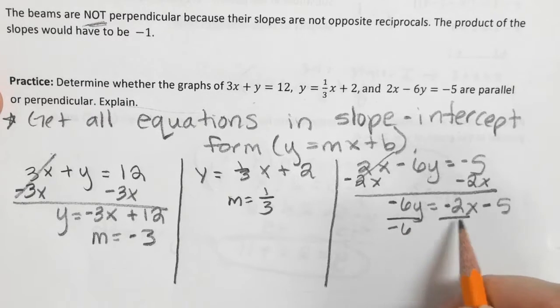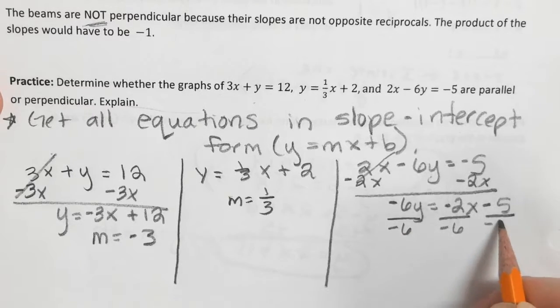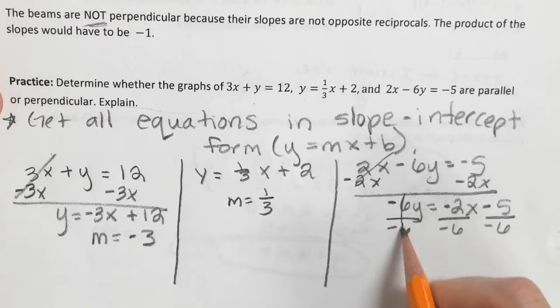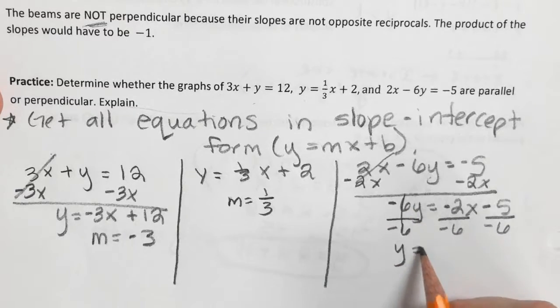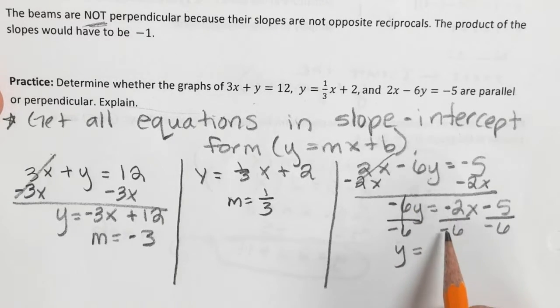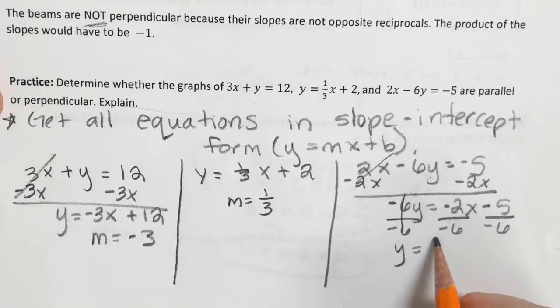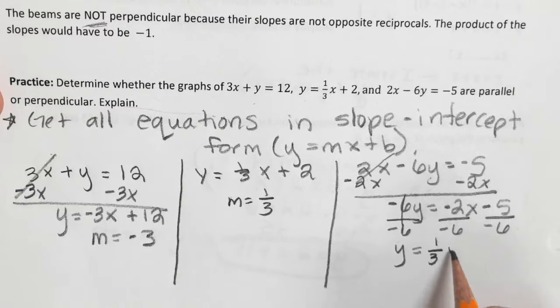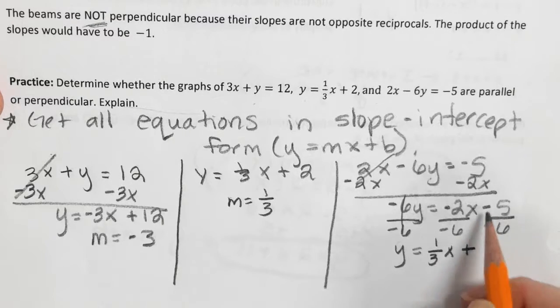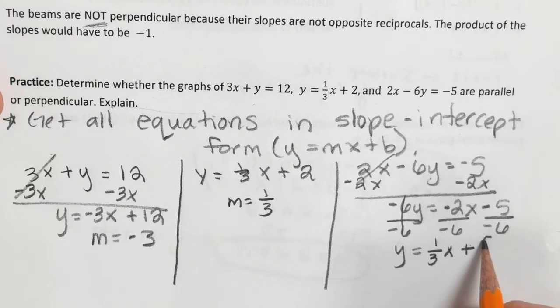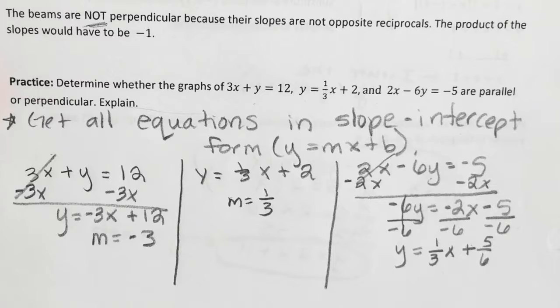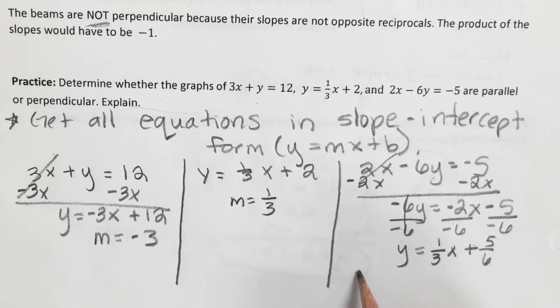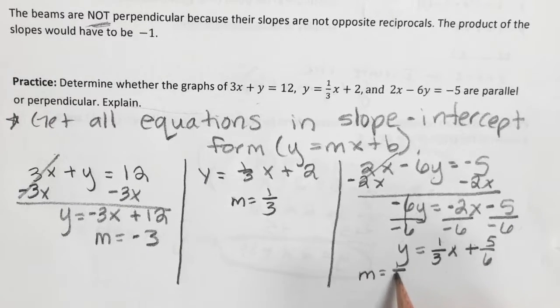I divide every term by negative 6. So y is equal to, I'm not going to write negative 2 over negative 6. I want to simplify this to 1/3. And 2 negatives make it positive. 5/6. Okay, so in this problem, the slope is 1/3.